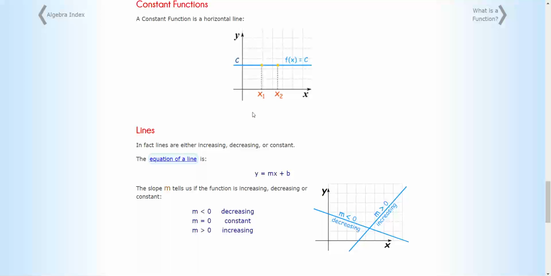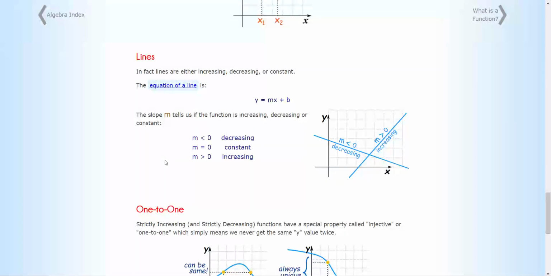If it was vertical, it wouldn't be a function. The slope m tells us if the function is increasing or decreasing or constant.